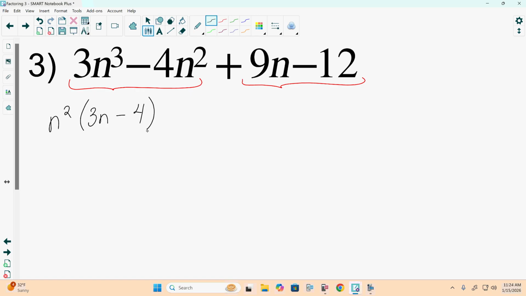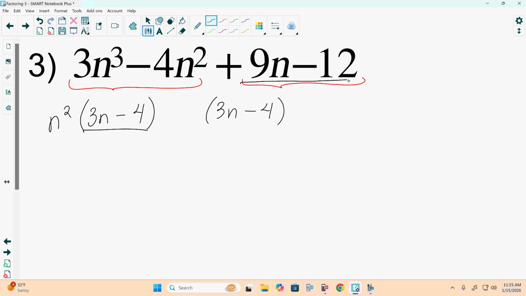If we're going to be able to factor this by grouping, I know that the second set of parentheses has to be what? The same thing, yes? So we know I'm going to have to factor something out of 9n minus 12 to get this here, yes? Because if it gives me anything else, we can't factor it out. Yes?